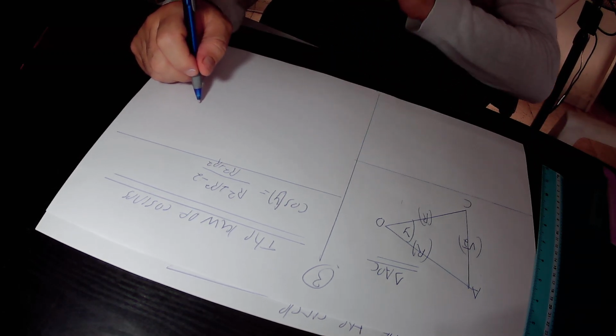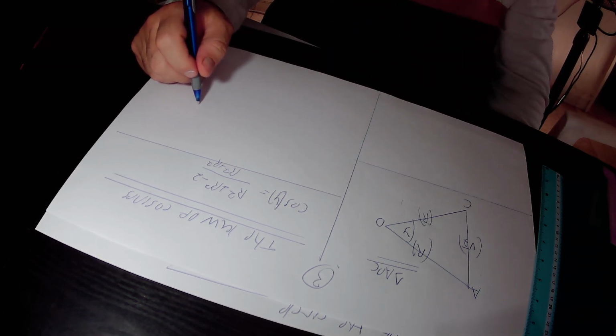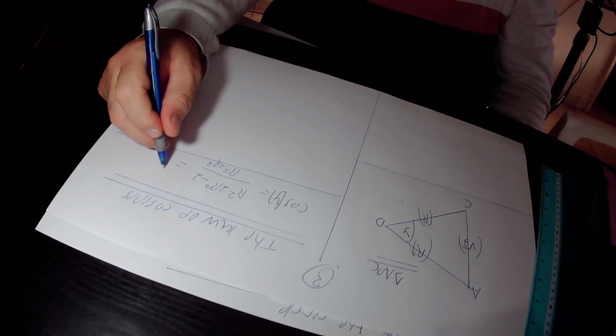Divided by 2 times R times R. So cosine Y equals, R squared plus R squared is 2R squared.